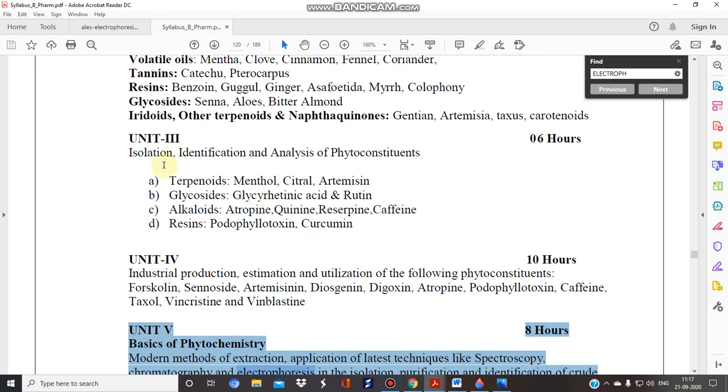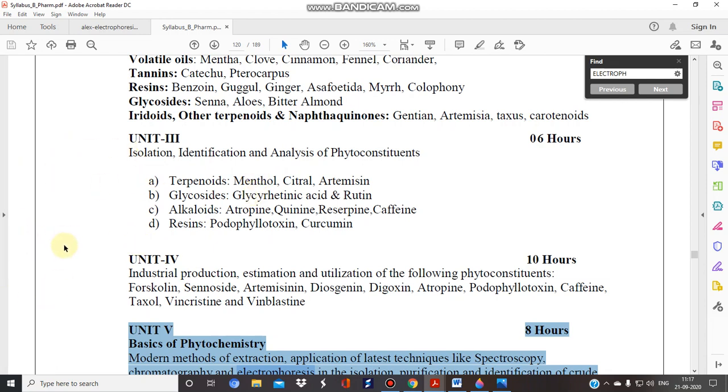As you know, you have completed the isolation and identification part. Now unit numbers 3 and 4 deal with the industrial production, or you can say the estimation or utilization of different constituents. Suppose in unit number 3 you have terpenoids. In the case of terpenoids, you have the drug menthol. For menthol, we have to study its isolation. First of all, its biological source, it is obtained from different types of mentha species, and what are the various methods of extraction of its oil.